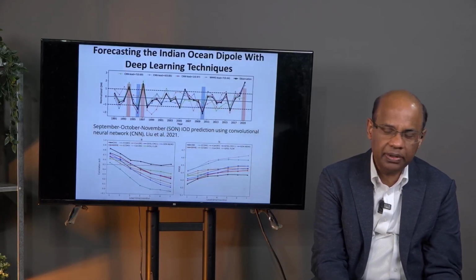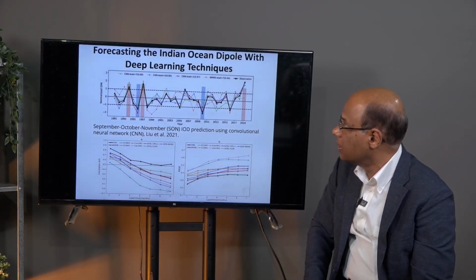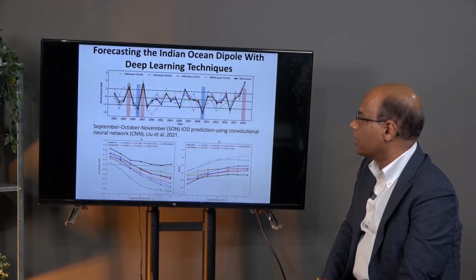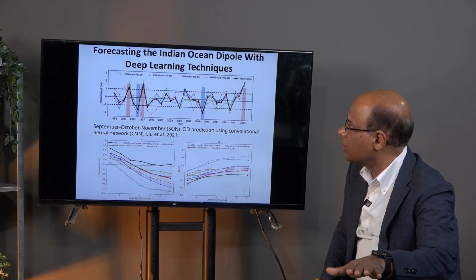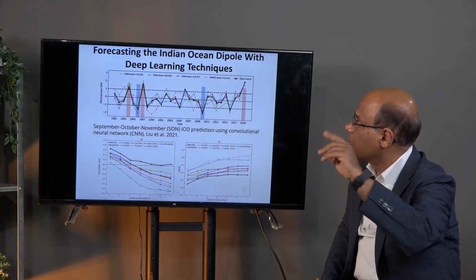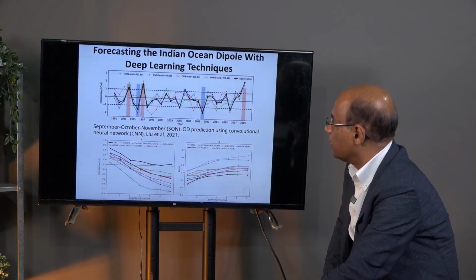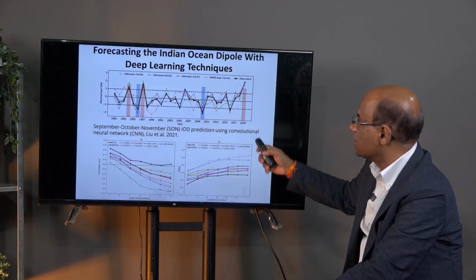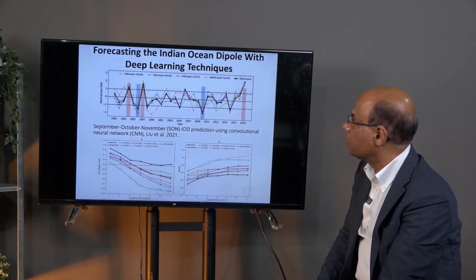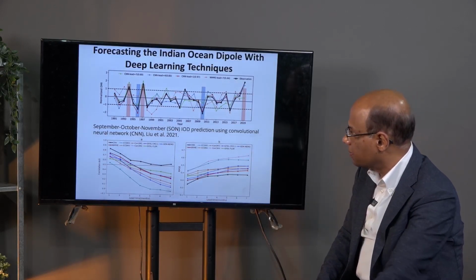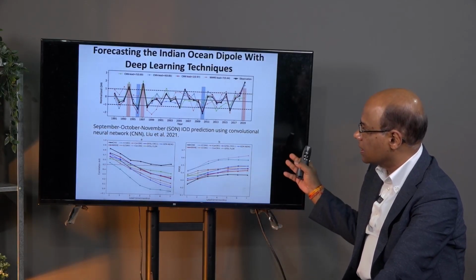There is another paper, not from our group, Liu et al. 2021, who tried to use a deep learning technique. ANN is a very low level of neural network; deep learning techniques are much deeper. In this case, they are using CNN, convolutional neural network. I showed you for ENSO, we did that for the NINO3 prediction, and the skills are better for 12 to 18 months lead time.